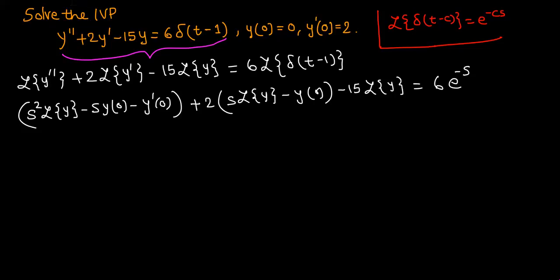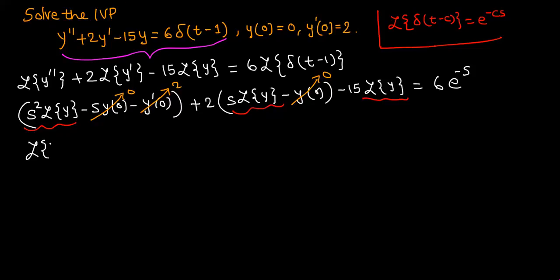Next, let's use the initial values. y(0) equals 0, so this is just 0, and this is also 0 times s, this whole thing is 0, and y'(0) is 2. Now let's rewrite. We can factor L(y) out from each of these terms; that will always be the case.